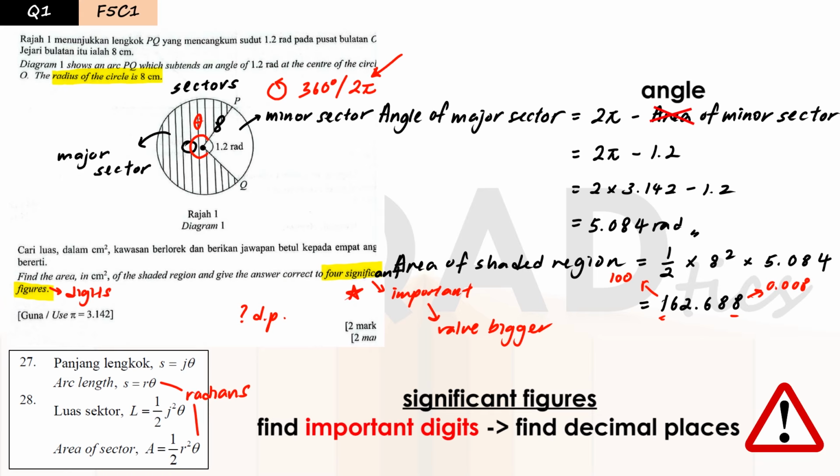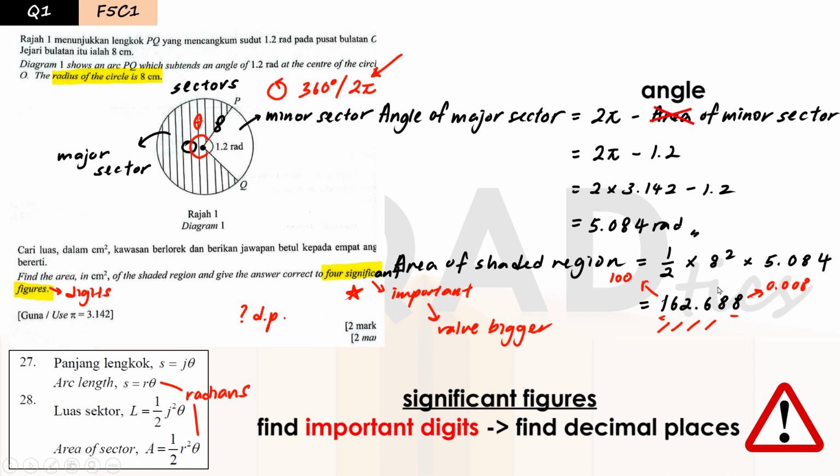So if you compare, of course, the value in front is bigger, which means it is more important. So if you want to find the top 4 important digits, we need to start from the front, so it will be 1, 2, 3, 4. Now we have identified the top 4 important digits.